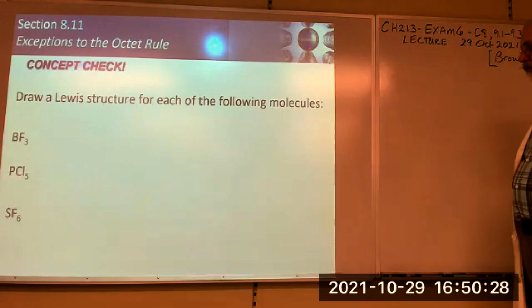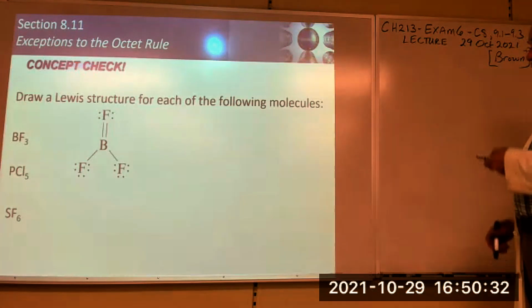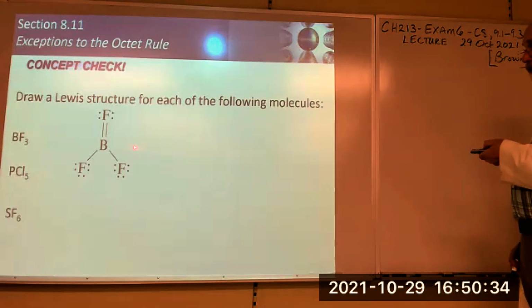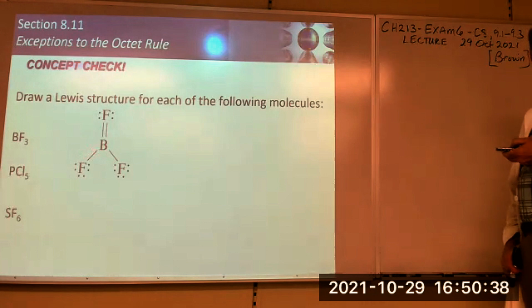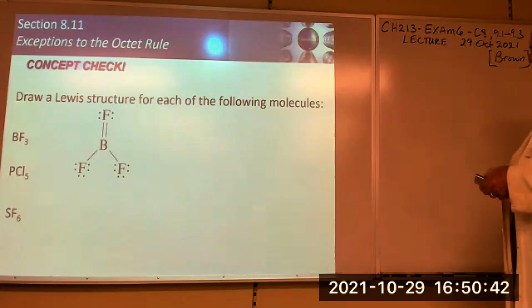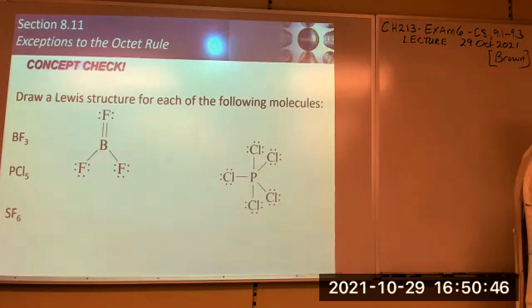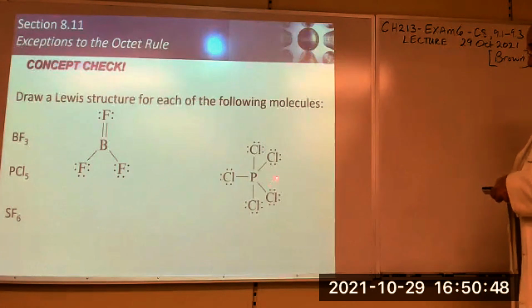Okay, so we can draw these. Now, the Lewis dot structure for this one could be that way, or we could put a double bond here, we could put a double bond there. Those are all 3 valid Lewis dot structures. And we'll have to talk about the solution to that later. Here we've got exceeding the octet for phosphorus.